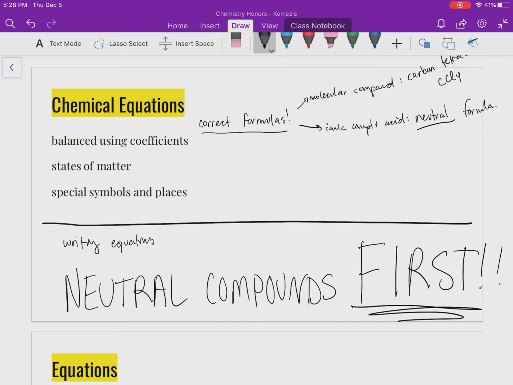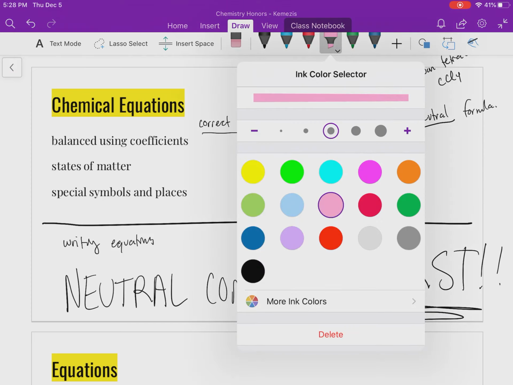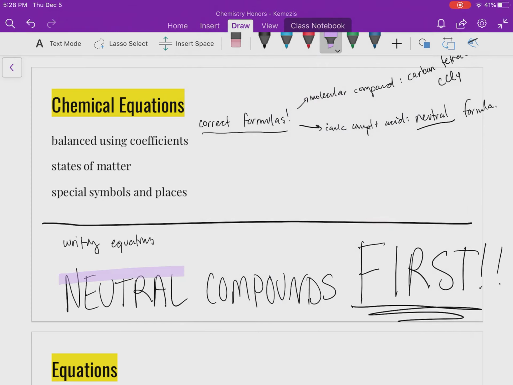Okay, I cannot stress this enough that you need to make sure that you are getting neutral compounds first. So neutral compounds, more specifically correct formulas, but I'm just going to remind us that if it's ionic, you need to have a neutral compound. And if you do not have a neutral compound, then balancing your equation is going to be wrong, because if your formulas are wrong, your balancing is wrong.